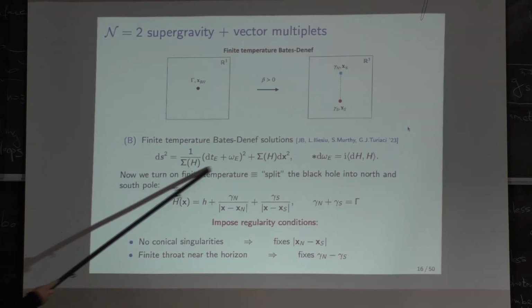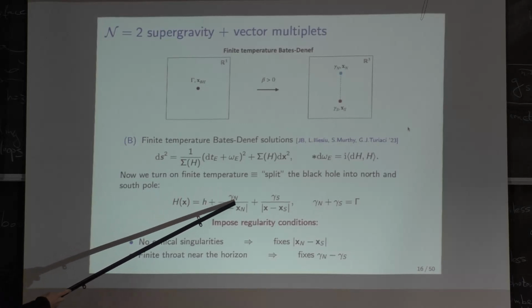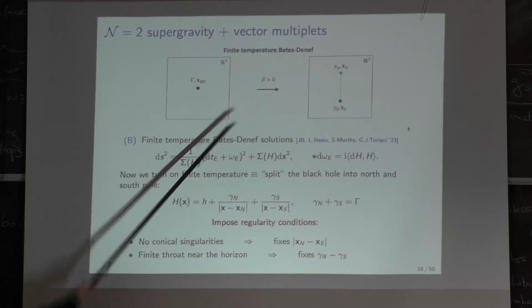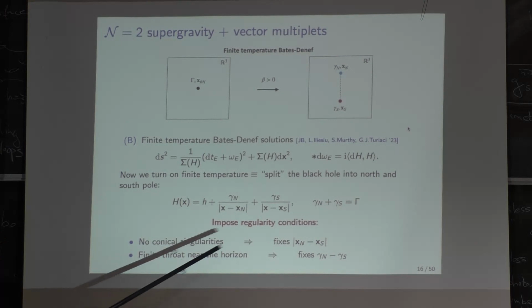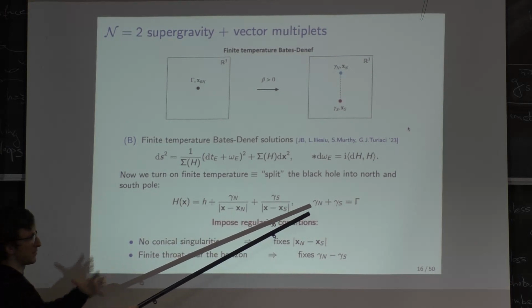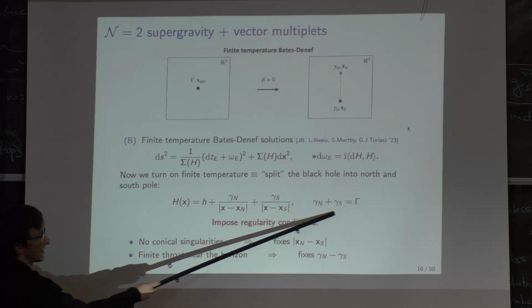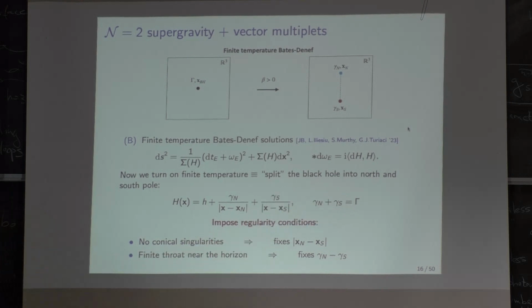After derotation, this is the form of the metric, and the harmonic function now contains two poles. We want to ensure that the total charge asymptotically is still equal to the monopole charge, and we now want to impose smoothness of this solution.